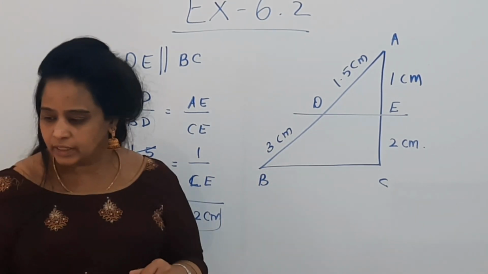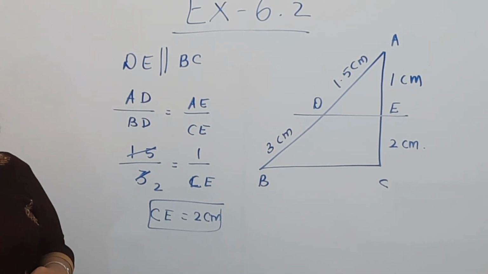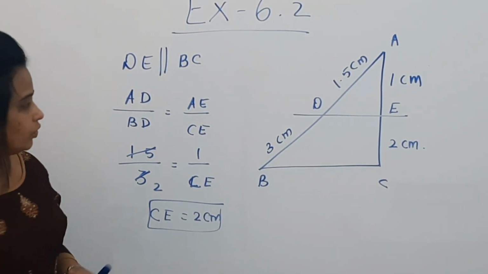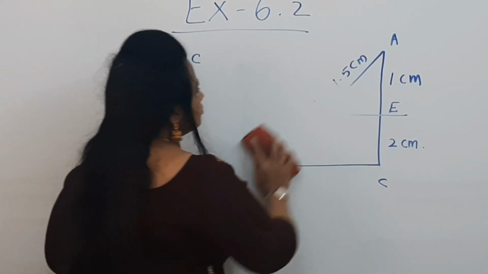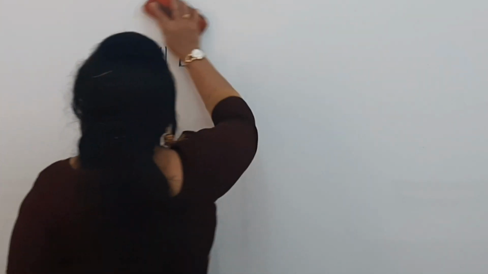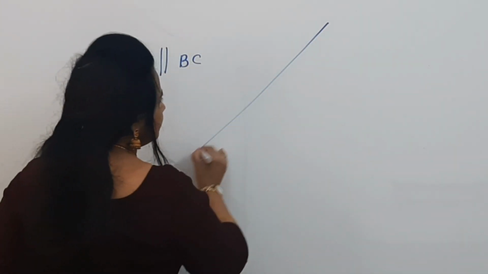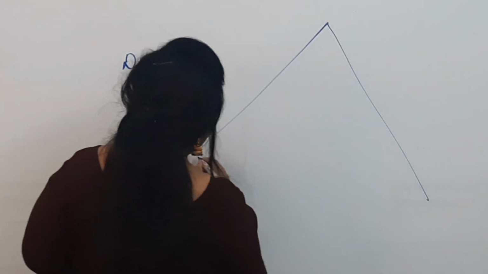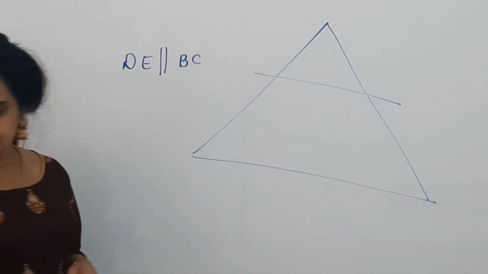Now we move on to the second question. The diagram is like this. So ABC is another triangle, the same way. It's a bit bigger triangle, and it is given like this.